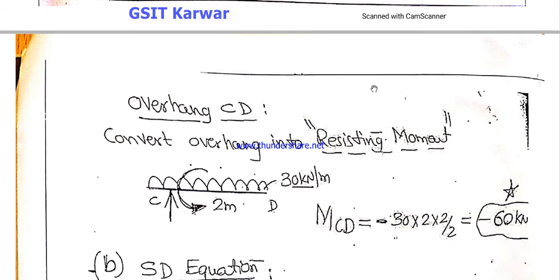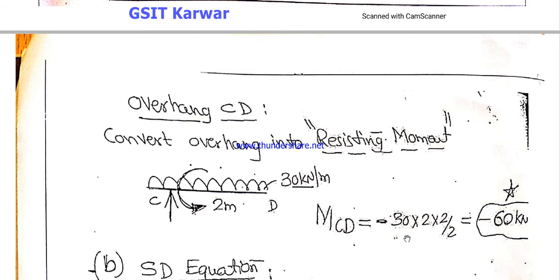Now for calculating resisting moment, directly you can take the load and the perpendicular distance. How are we going to calculate moment CD? It is equal to minus 30, where 30 is the given UDL load, 30 kilonewton per meter. Here you can consider only the span C to D, and the distance C to D is 2 meter.